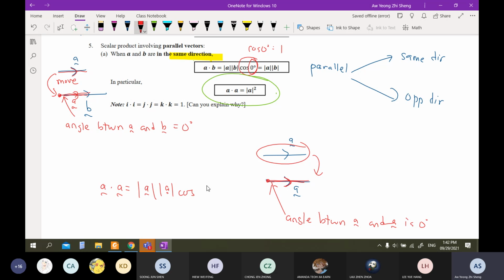Here, the angle between A and A is 0 degrees, and because cos 0 is 1, you get length of A squared. This is a useful result, and I suggest you to memorize. Any vector dot with itself is just its length power 2. It should say in chat, scalar product of parallel vectors is just the product of their magnitudes.